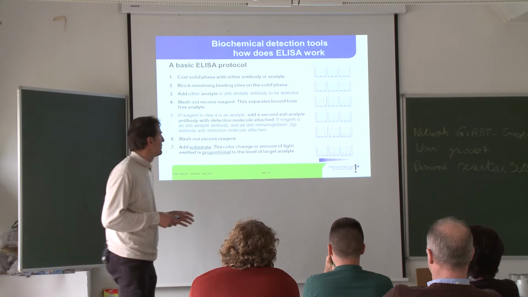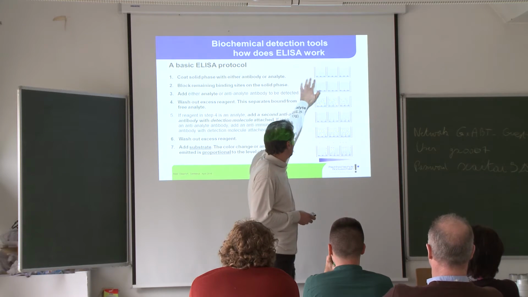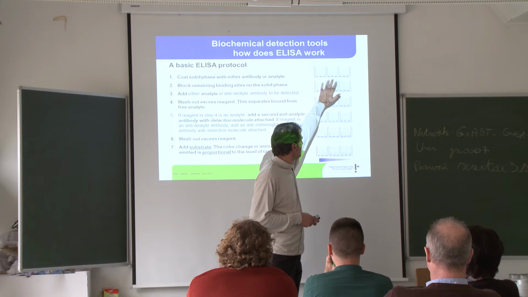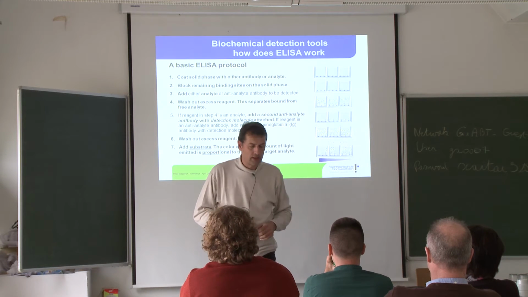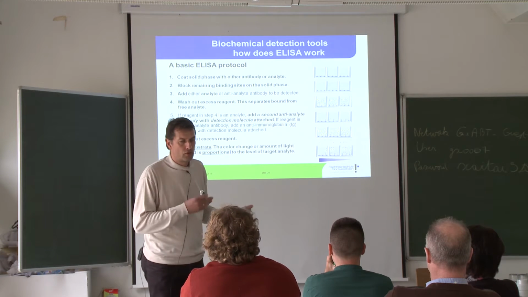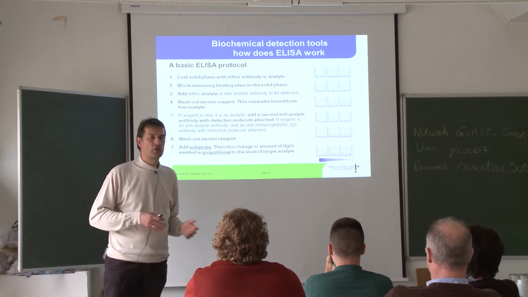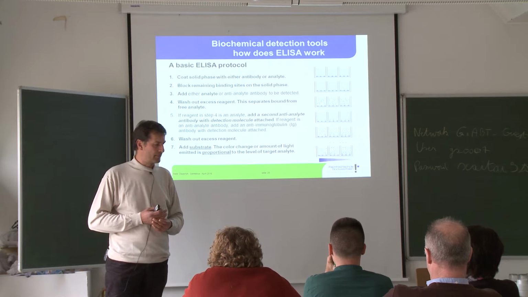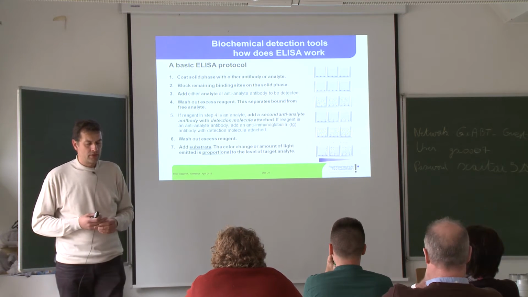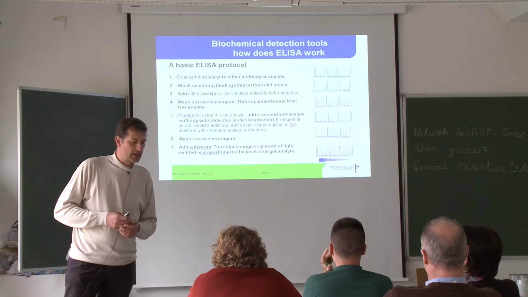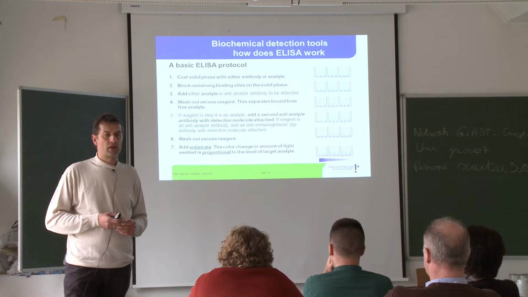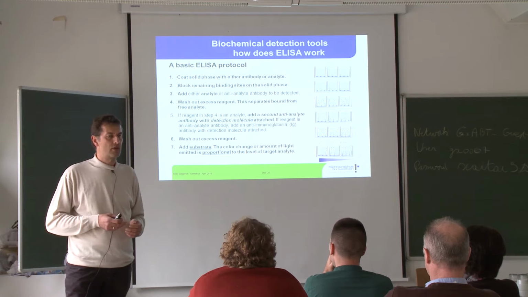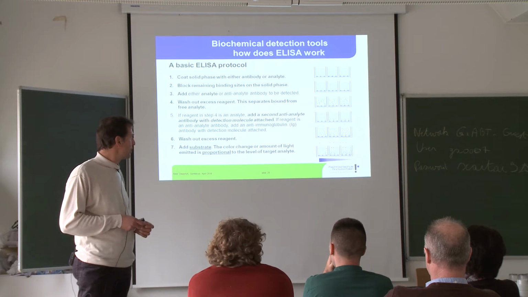So you have your antibody or analyte, certain quantification that fills positions in your ELISA plate, and then you block with another unrelated protein, usually it's bovine albumin or something like that, which is not reacting with the antibodies of plant pathogens or with the antibodies of larger molecules.